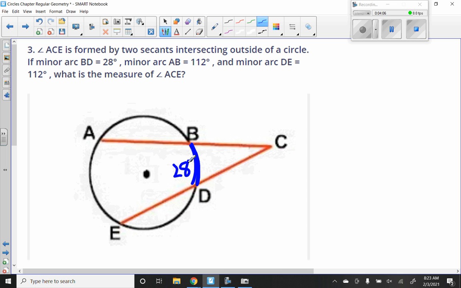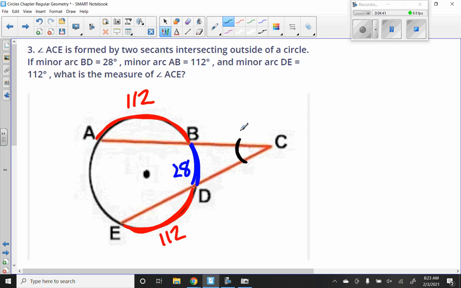If minor arc AB is 112, once again, they give us an arc that will not be used in our formula. We're not going to be able to use that red arc. And minor arc DE is also 112. I'm going to use that in red again. What is the measure of angle ACE? This is what we're looking for.